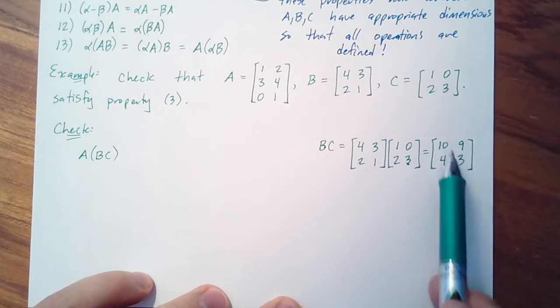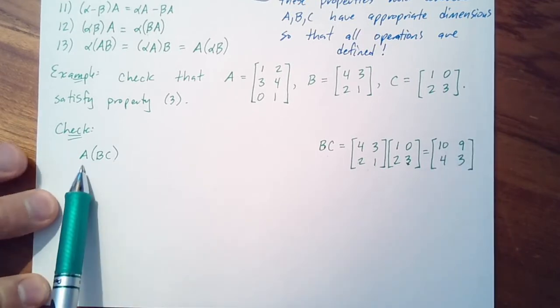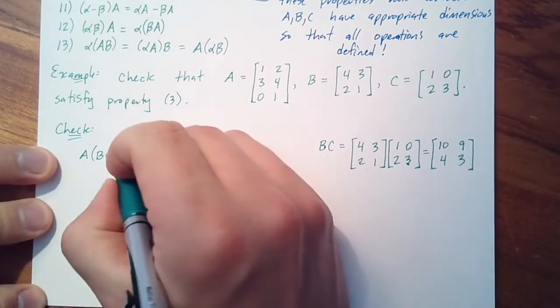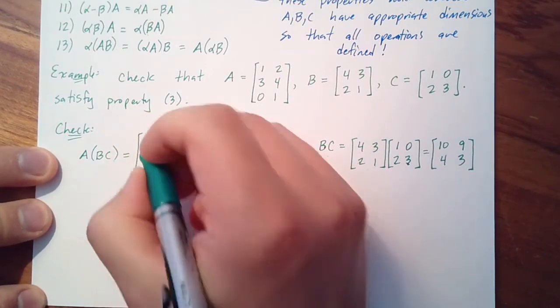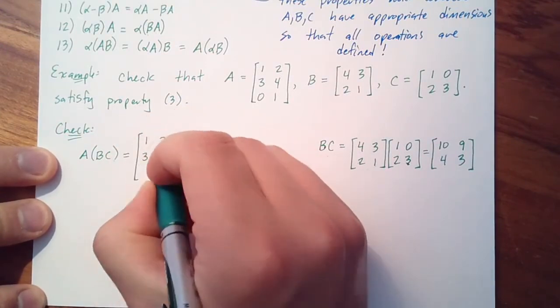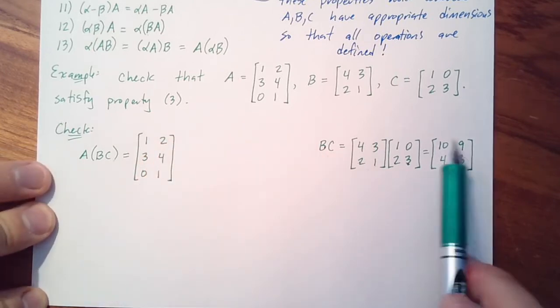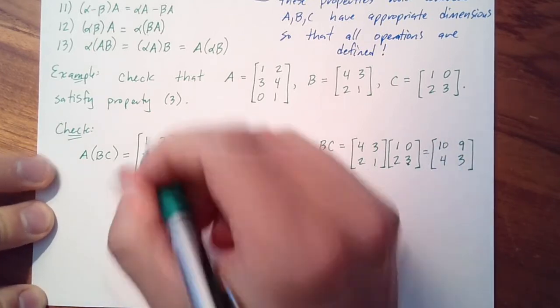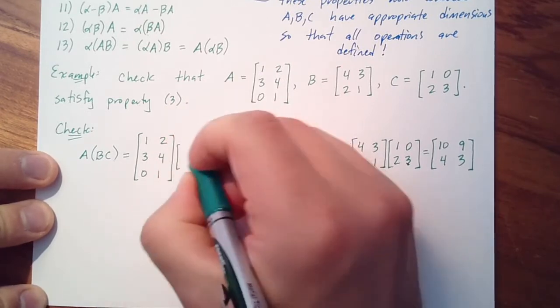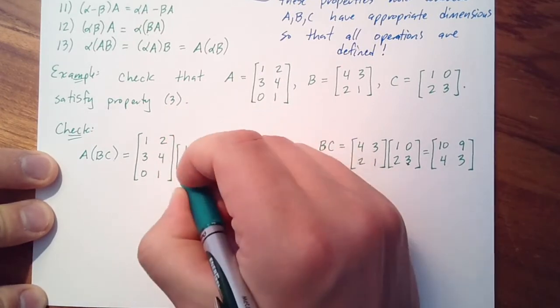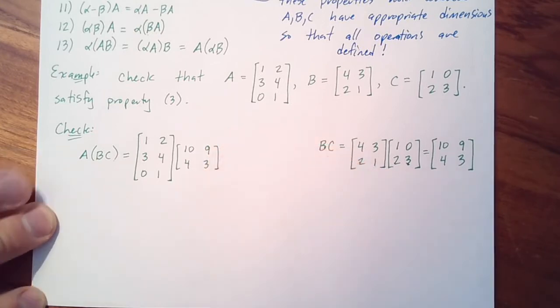You'll get this matrix. So when I go to work out A times the result, really what this means is I have the matrix A, and I'm going to multiply it by the product of B and C, which is over here. So 10, 9, 4, and 3. Now we've got another product.